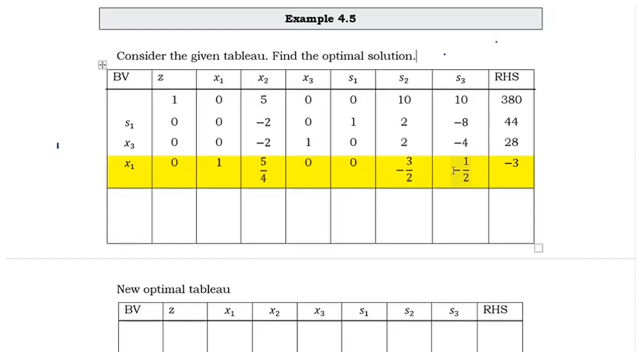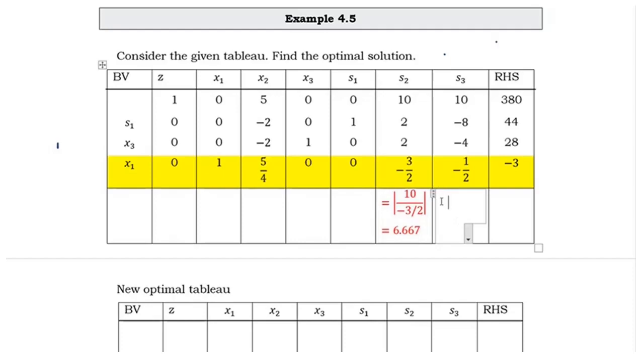The ratio for S2 is 10 divided by negative 3 over 2, and we get negative 6.667. The ratio of this variable is 6.667.